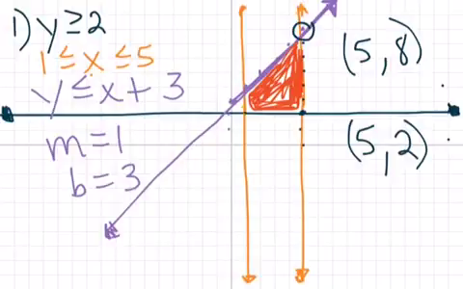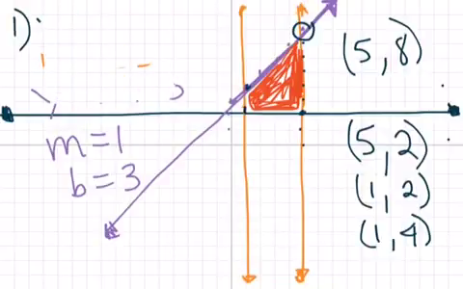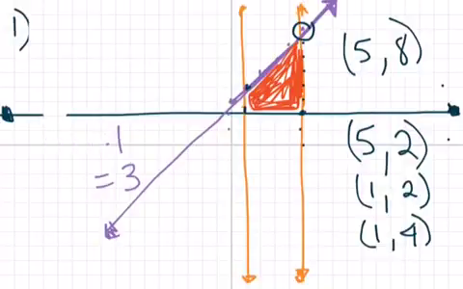This point is right 1, up 2, and this point is right 1, up 4. I'm going to erase the equations out of our way so I can show you how to come up with the last part of the answer.